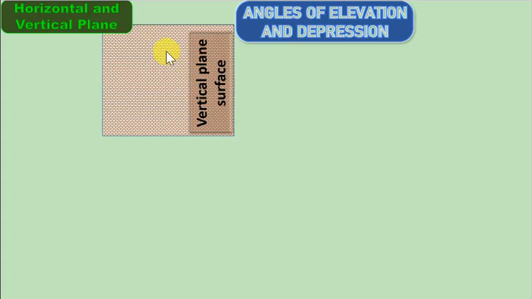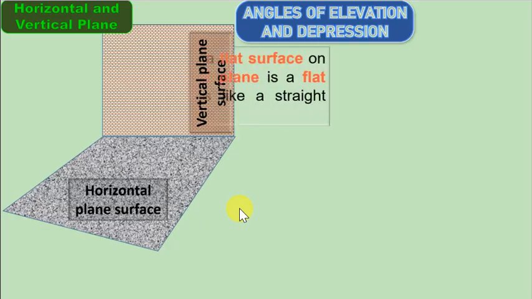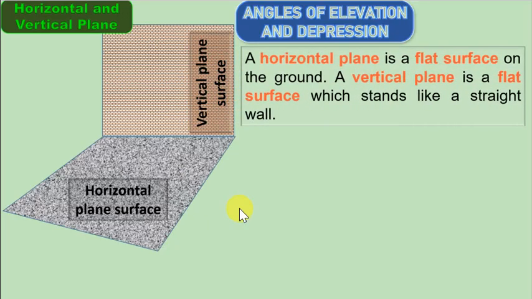This is a vertical plane standing like a wall, and this is a horizontal plane or surface which is flat on the floor or at the ceiling. Therefore, we can say a horizontal plane is a flat surface on the ground. A vertical plane is a flat surface which stands like a straight wall.